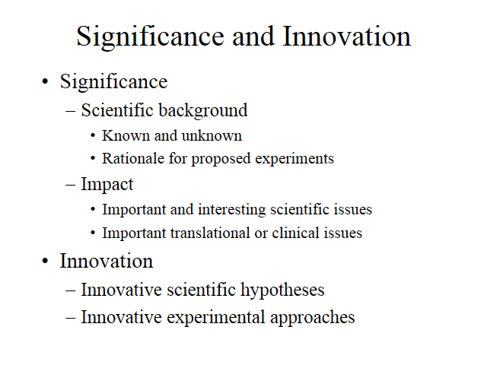It's very important to emphasize what is not known and how the experiments that you're proposing will answer these unknown questions. You should also describe the rationale for the experiments you are proposing to do.